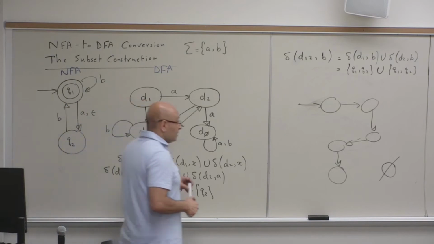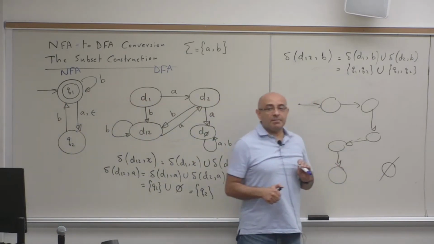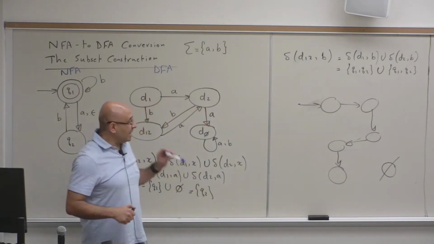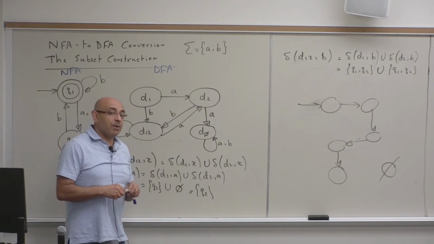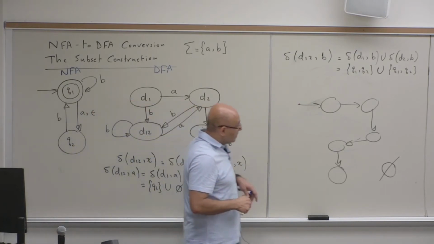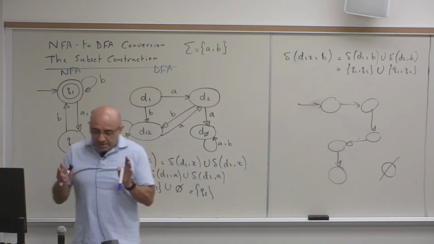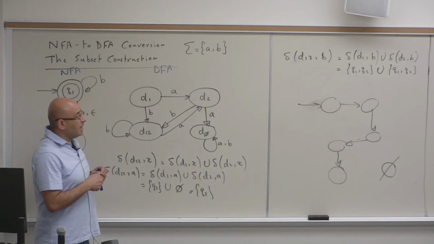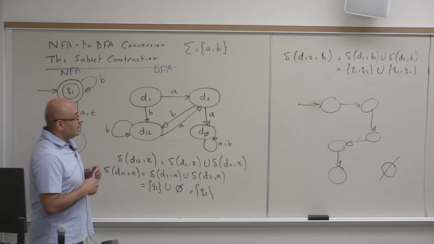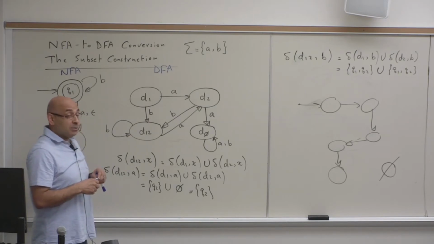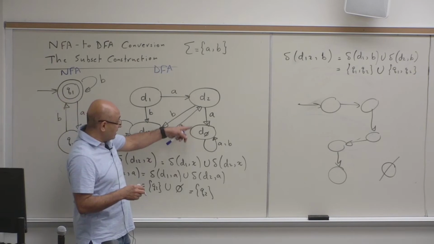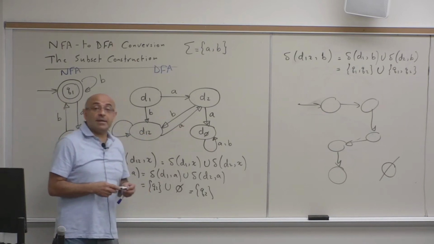Okay, so this is a language. It's not probably useful. Well, in fact, it's useful. Having phi, the empty language, is useful, because in this conversion it acts like a trap state.